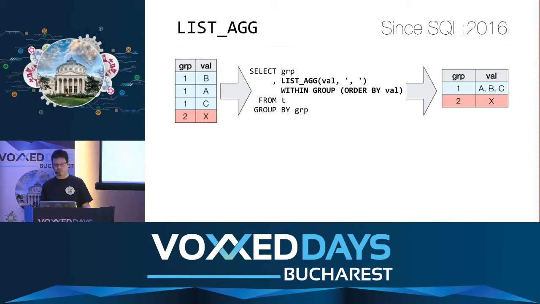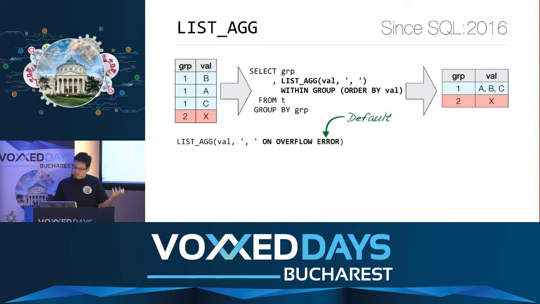It is like group concat in MySQL, just better. Because there's an overflow clause. So if you're aggregating a lot of stuff, the string might become very long, maybe longer than the longest data type supported for strings. And then an error might happen. So this is the default behavior, on overflow error.